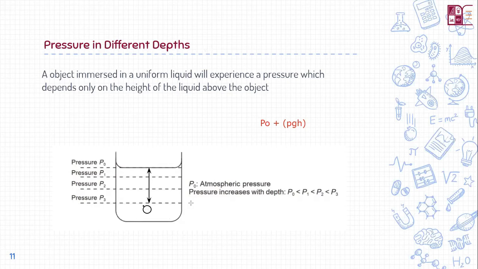So atmospheric pressure plus rho gh, h being the height inside the liquid. And this is how you're going to calculate the pressure at the object we placed below the line P3, all right?